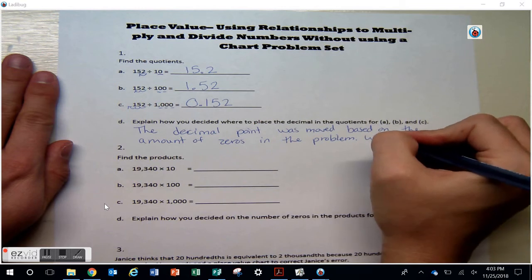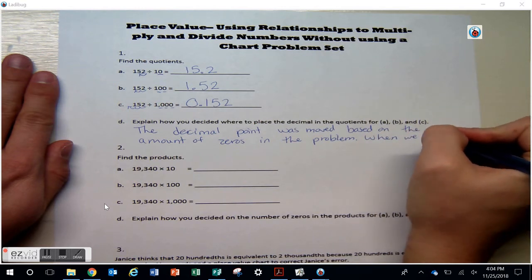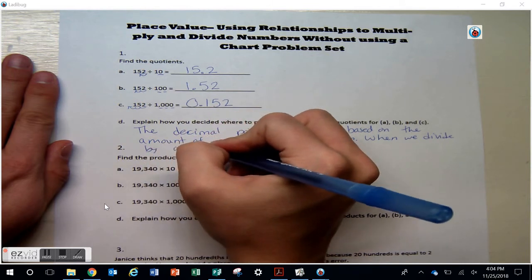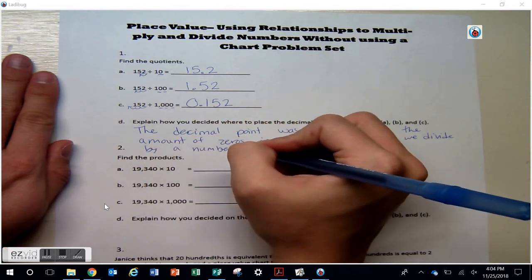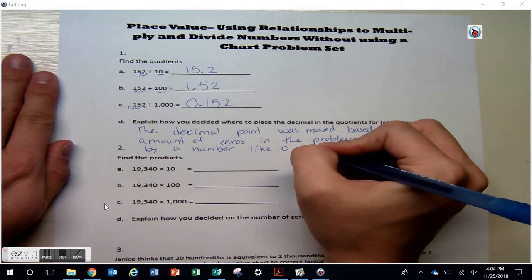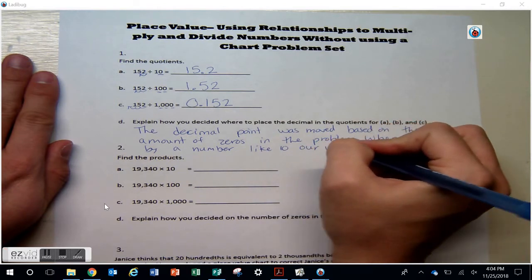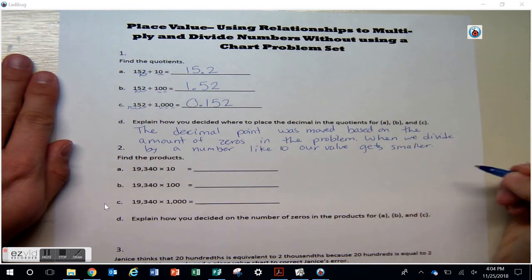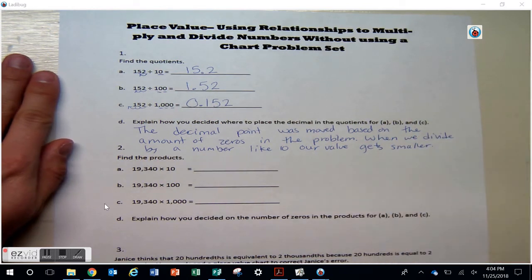When we divide by a number like 10, our value gets smaller, which means that we move that decimal point so the number would be smaller.